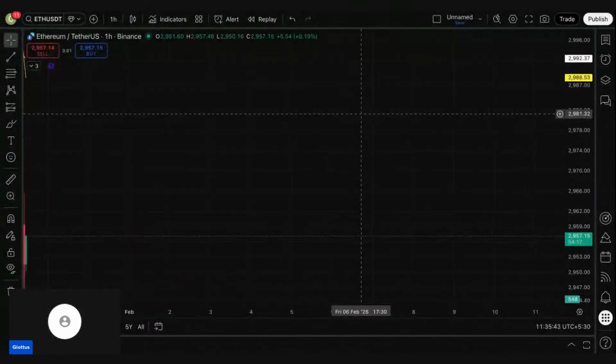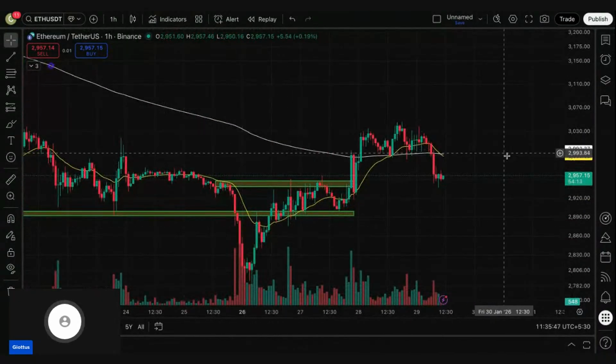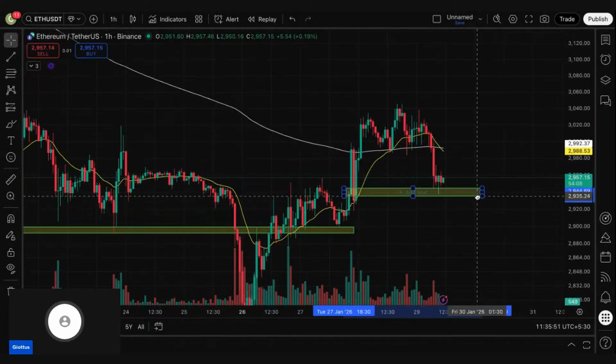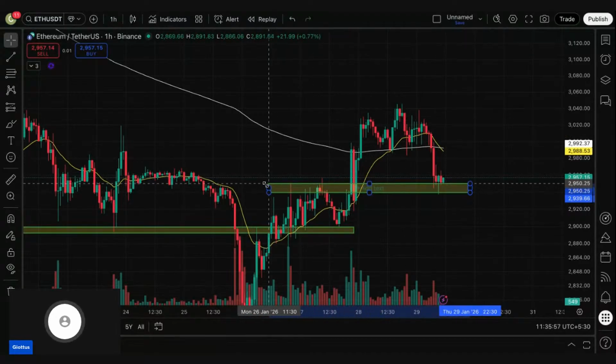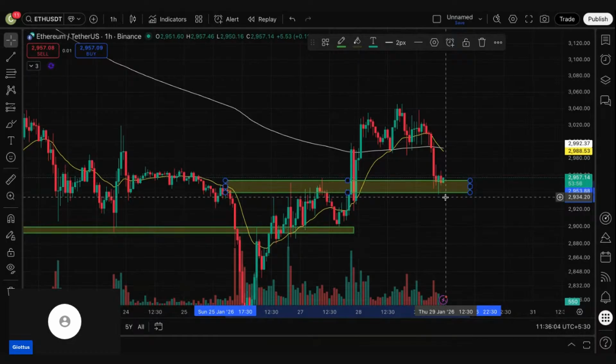Now, what I can see is a simple trade opportunity: if Ethereum fails to sustain above this particular zone, 2950, then we might see a correction towards 2900 or 2880 in the upcoming few hours.